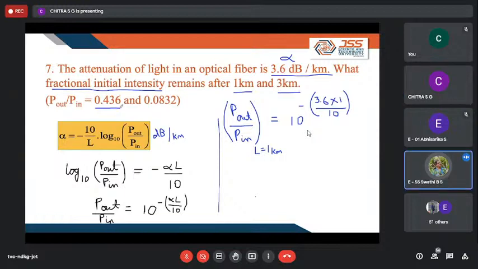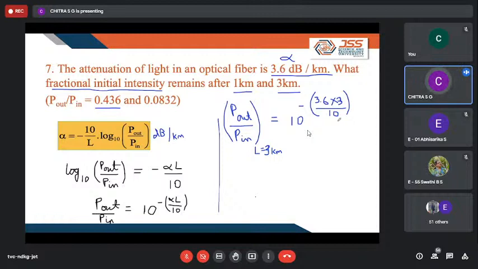In the same way, you have to put L is equal to 3 kilometers. Whatever distance they ask, you have to substitute L with that value. So I'll write it here: P out by P in, with the suffix for L is equal to 3 kilometer, will be equal to 10 to the power of minus 3.6 into 3 divided by 10.